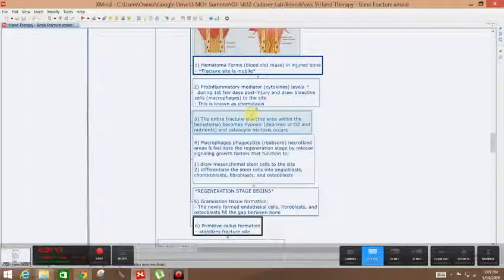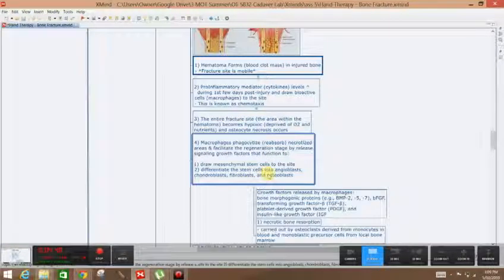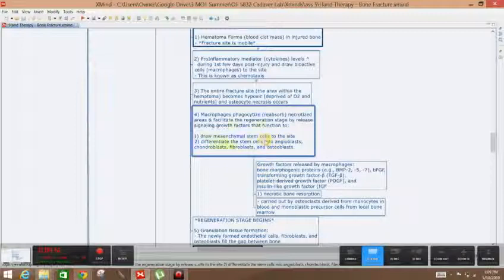It also draws the stem cells, these angioblasts, chondroblasts, fibroblasts, and osteoblasts, to come, and that's just the growth factors.